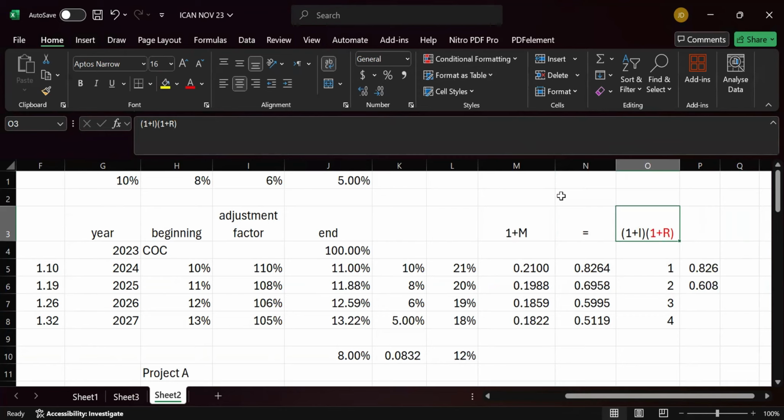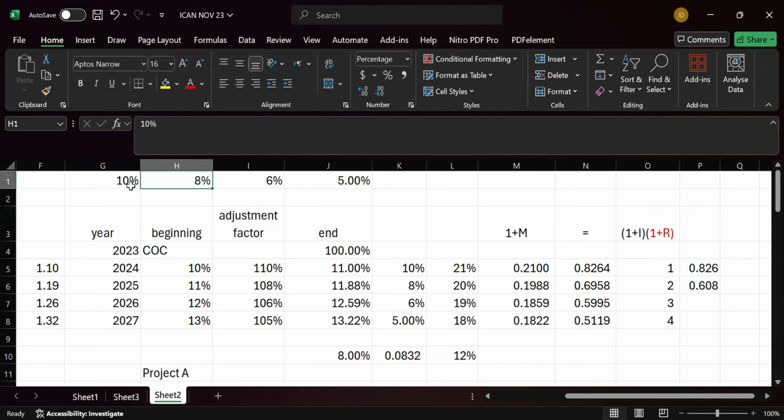In a situation where the inflation rate is constant, you use this formula and you have just one cost of capital to discount the cash flow for the given years. But in this situation, the inflation rate is not constant.